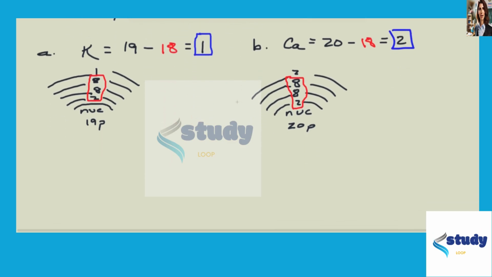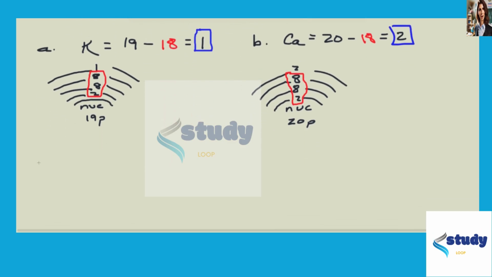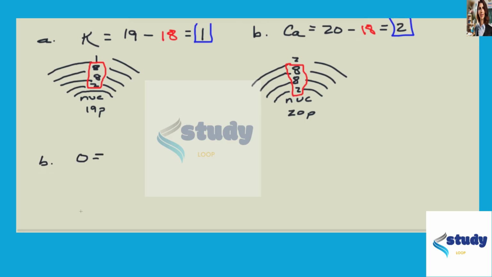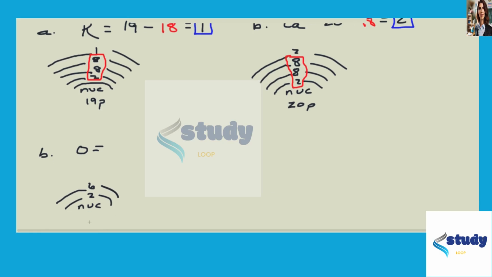Now, if we were to do this for oxygen, we could go ahead and do the same thing. We're going to have our nucleus. Now, there's going to be fewer shells here. First one holds 2. The second one can hold 8, but there's only 6 in there because oxygen has a total of 8 protons and 8 electrons.